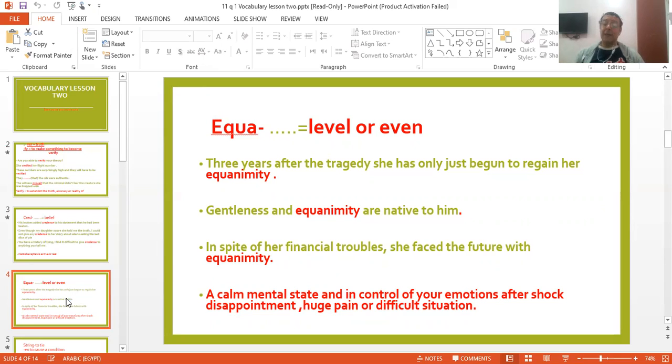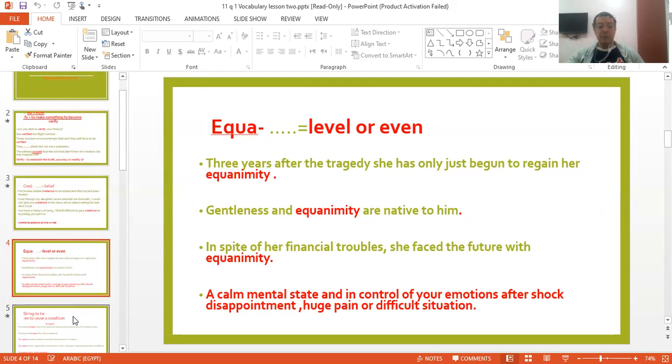So he has equanimity during tough times. So this person is actually in control of his feelings and emotions and mental state when he or she faces difficult situations like hardships and so on. So equanimity means a calm mental state and being in control of your emotions after shock, disappointment, or hardship.